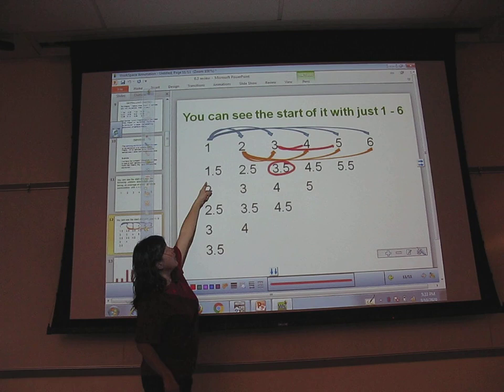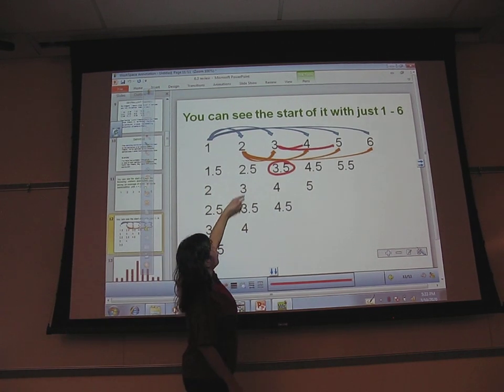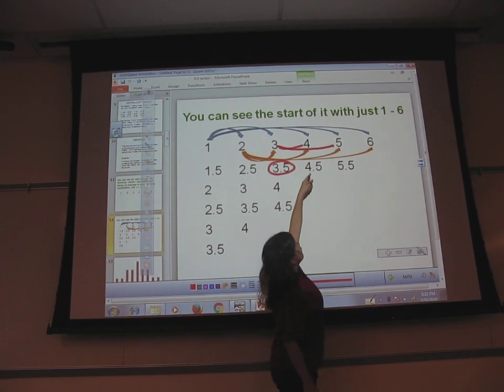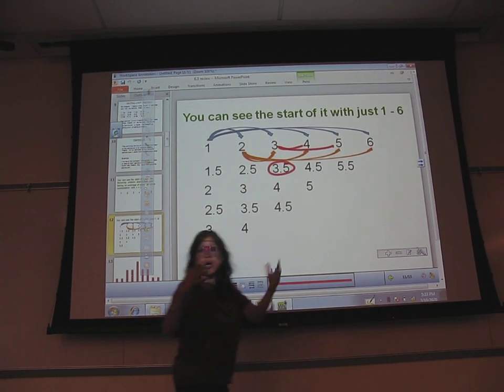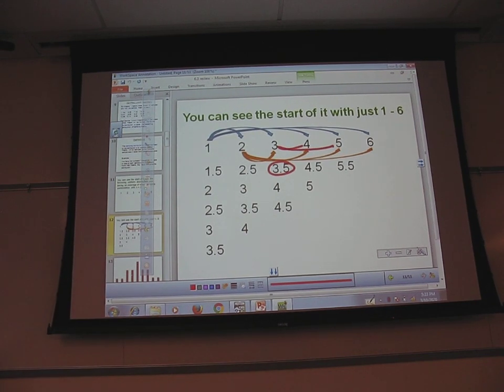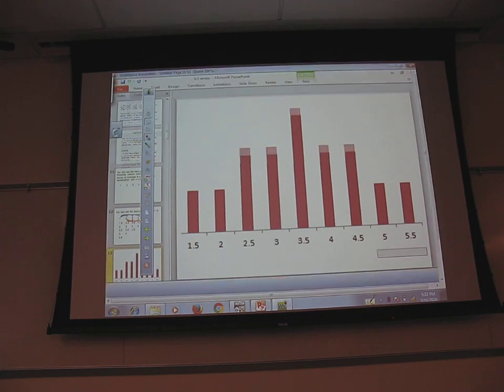So this is 1 and 2, 1 and 3, 1 and 4, 1 and 5, 1 and 6, 2 and 3, 2 and 4, 2 and 5, 2 and 6, 3 and 4, 3 and 5, 3 and 6, 4 and 5, 4 and 6, and 5 and 6. So that's every possible way of grabbing 2 of them. Then I average each one of those samples of 2, and it will form this.